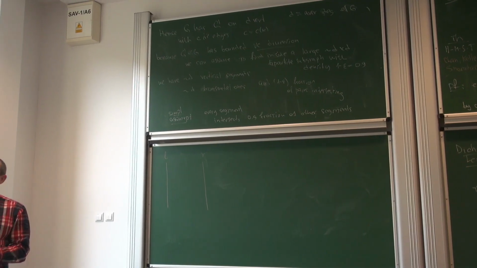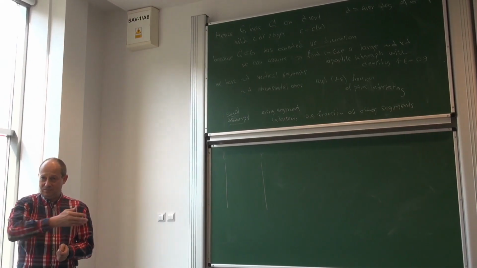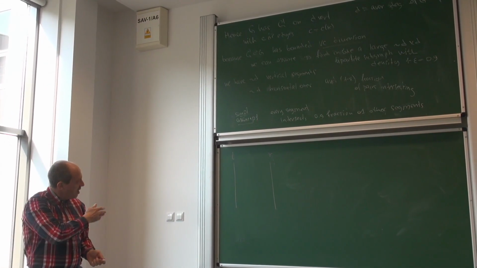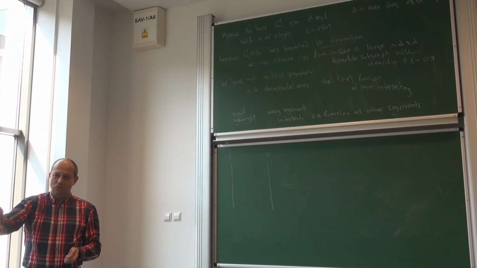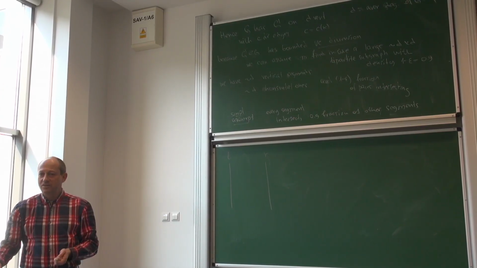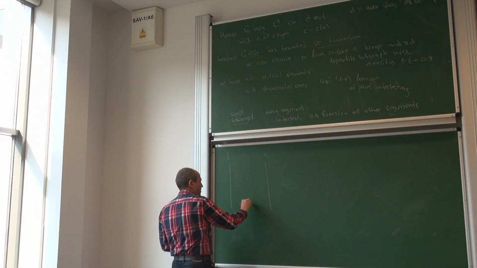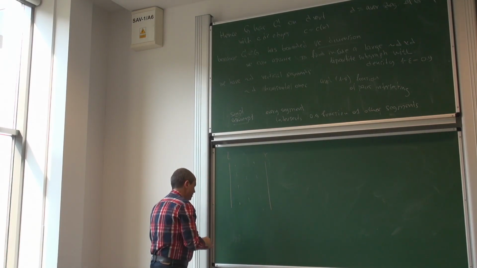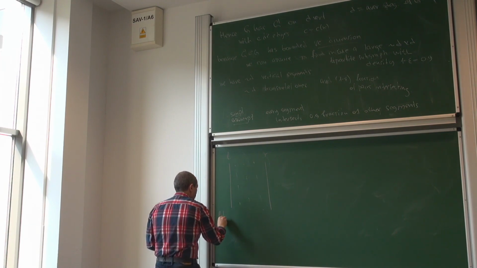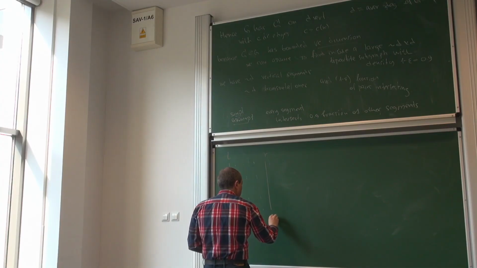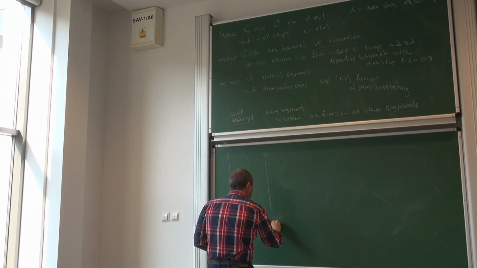So I look at these segments and pick the first one according to the coordinate x, and I call this left. This is the leftmost one. And I pick the rightmost one according to the coordinate x, and I call it right. So all the horizontal segments live here.